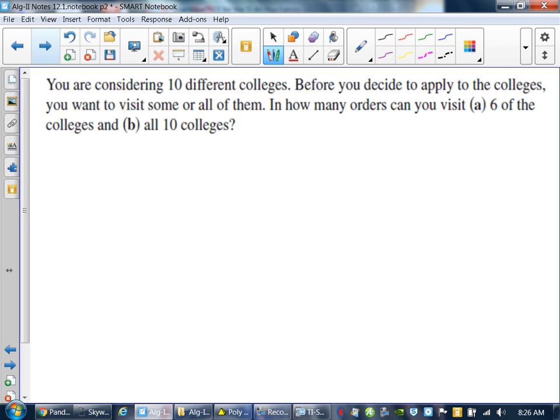And this is where some of this stuff gets kind of fun. I try to make sure that you'll learn how it interprets it pretty quickly. So this is where the ordering matters, where it's just a 10 pick 6, or a 10 permute 10, which is 10 exclamation point, because what's 10 minus 10? 0.